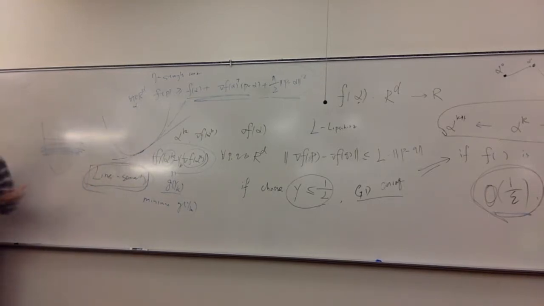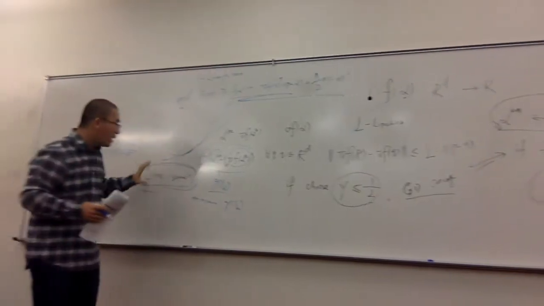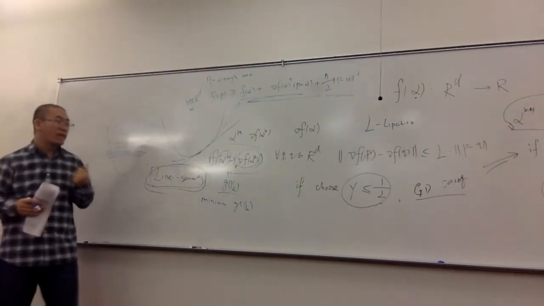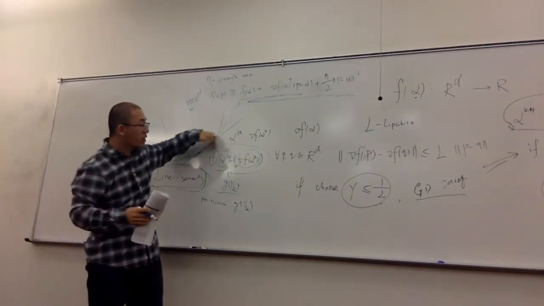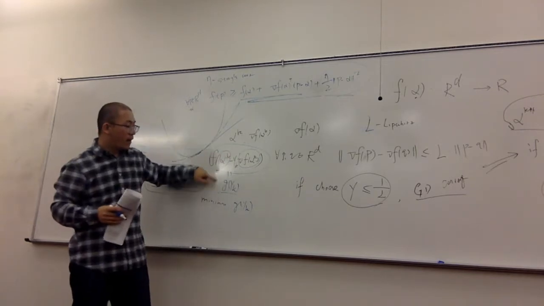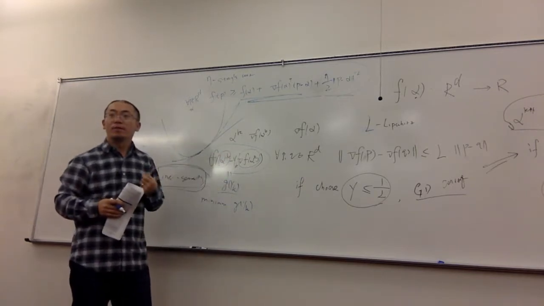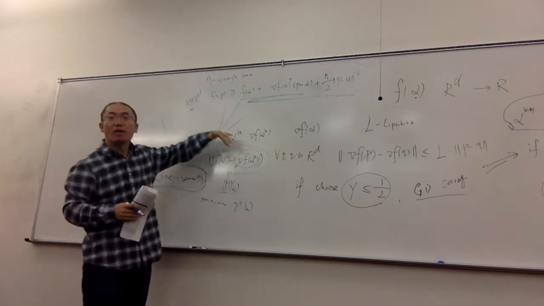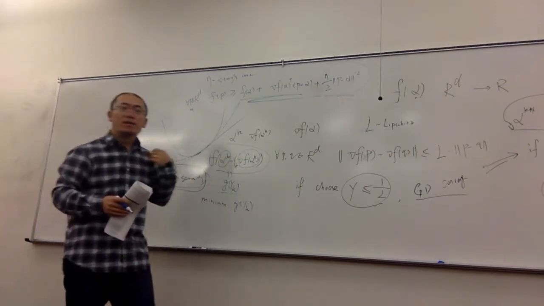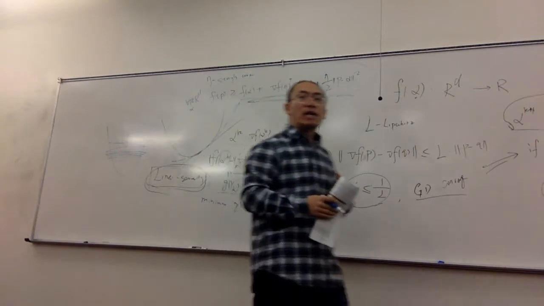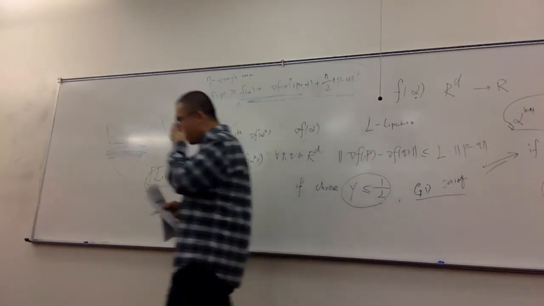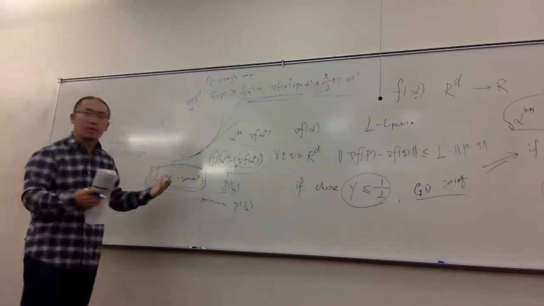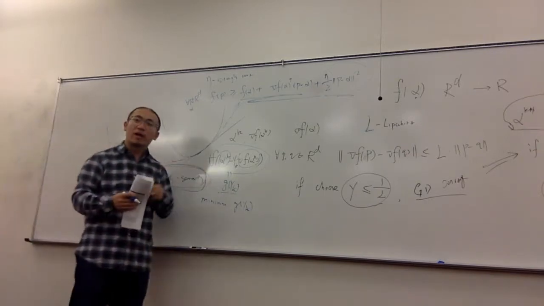In practice, people usually develop inexact line search, meaning that we're not trying to really minimize this function of gamma k. We just try to find a gamma k that decreases the function value but satisfies some condition. If that condition is met, then we just stop and return the current gamma k.